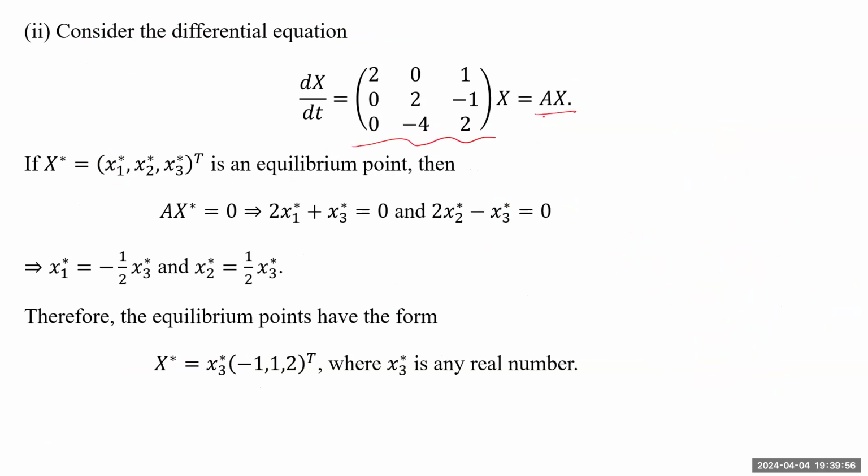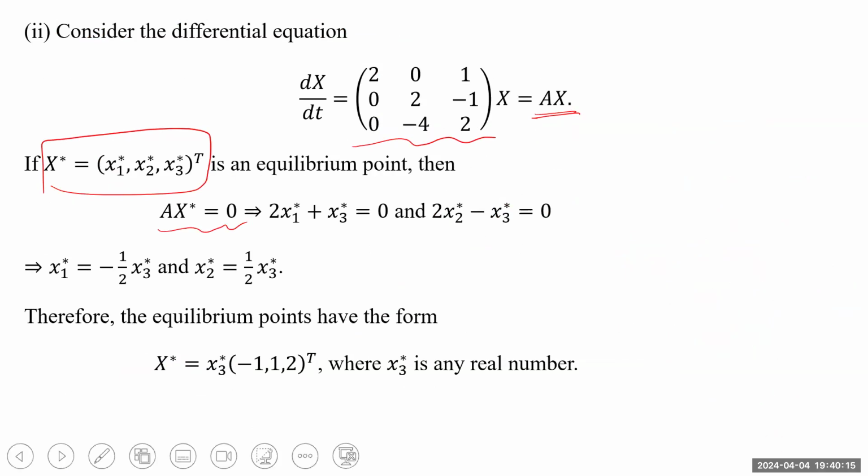This is my Ax, right? So as usual, you have to multiply by x star. I'm going to say equilibrium point, that is, A x star is equal to 0. You will get the equations: 2x1 star plus x3 star is equal to 0.